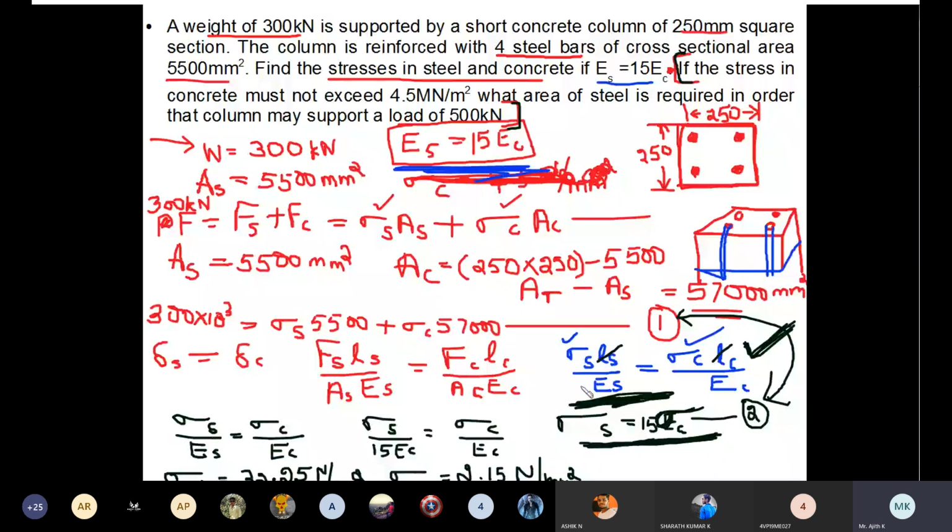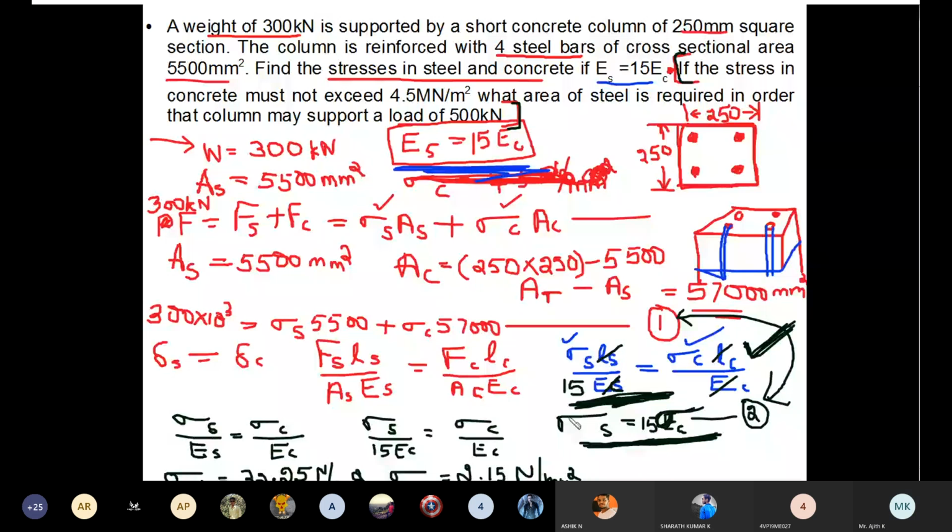So instead of ES, 15 times EC. After this, next line, you can cancel out EC.